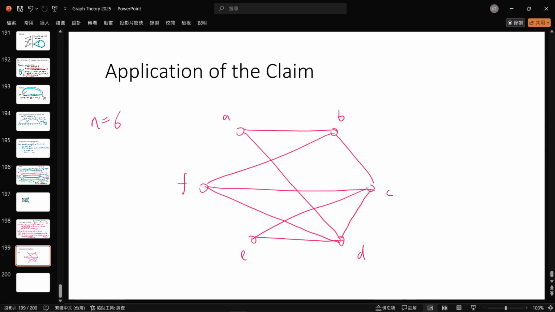So does this graph have a Hamiltonian cycle? Well, again, if you still think it's difficult, we can just keep adding edges.